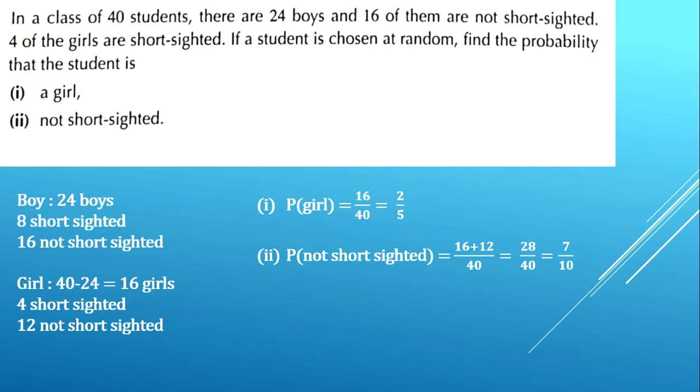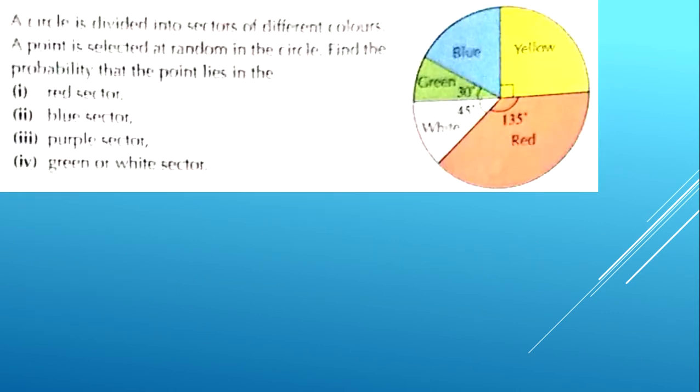So choosing a boy or choosing a girl will be favoring us in this situation. That's why it's 16 plus 12 equals 28 on 40, and you simplify them, it becomes 7 per 10. Quite simple. Let's continue.